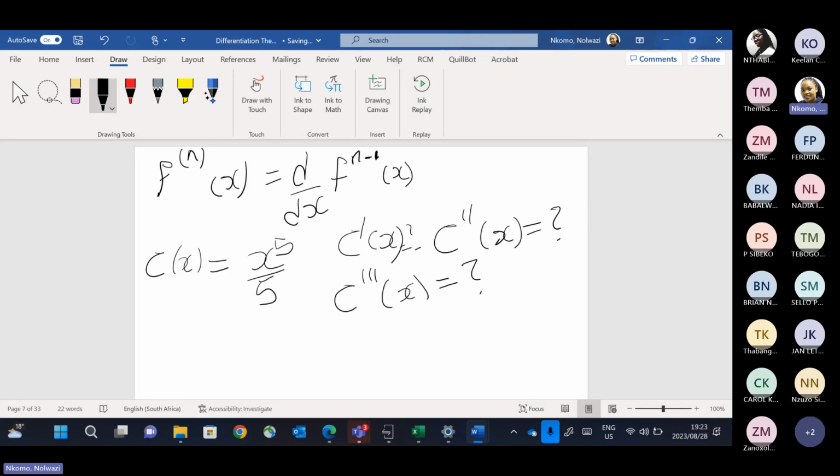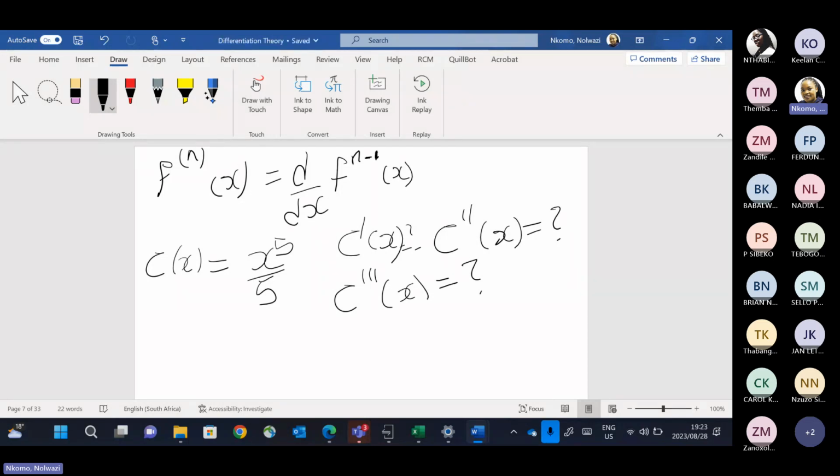Again, here we're still going to use those rules of differentiation. They're still the same. The power rule for a first order is the same as the power rule for the second order and the power rule for a third order.